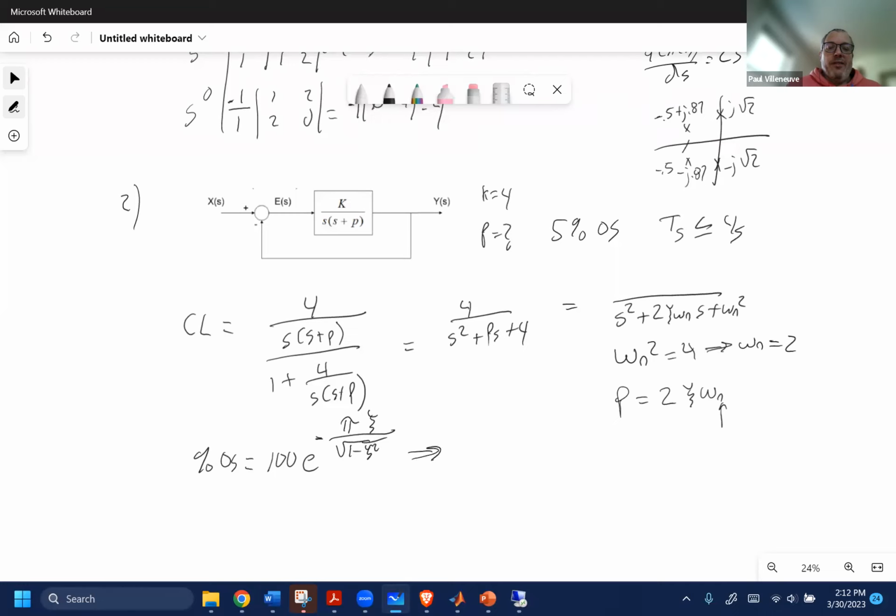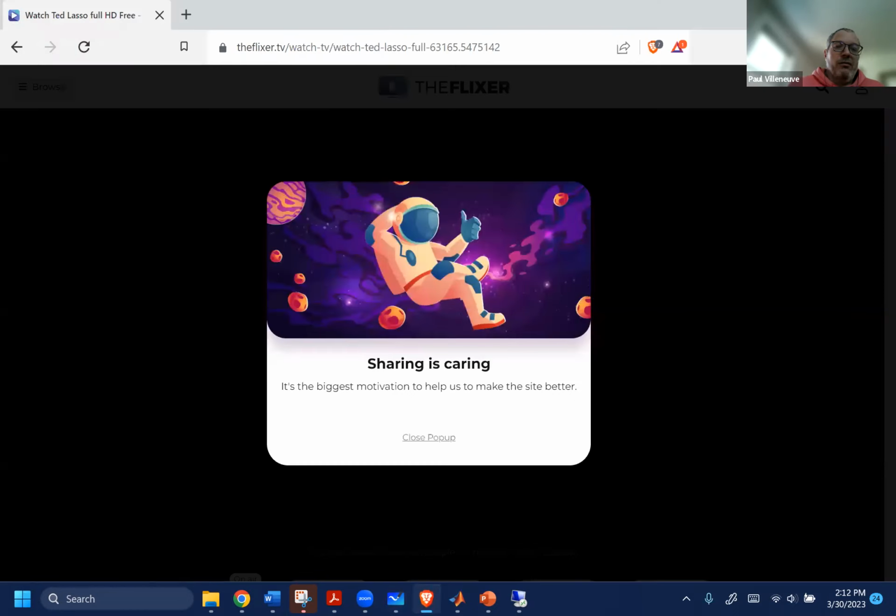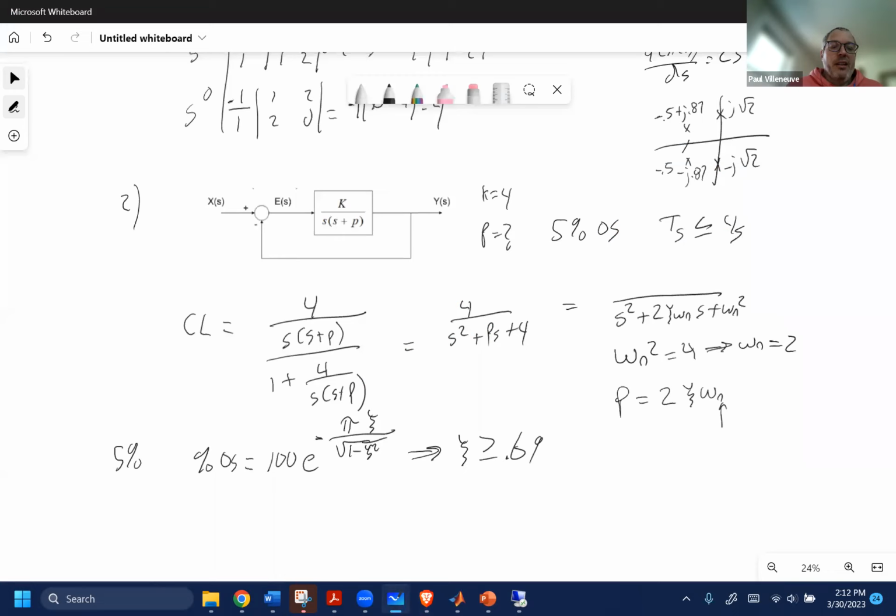If you solve that for zeta, you would get zeta has to be greater than or equal to 0.69 when your overshoot is less than or equal to 5%. Then when you plug that in here, P is equal to 2 times 0.69 times 2, and I ended up with 2.76.